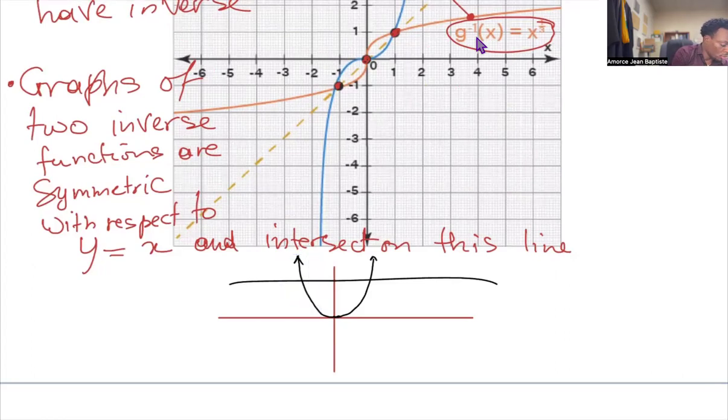That's the function f of x equals x squared for all real numbers. For all real numbers, it's not going to be one-to-one.